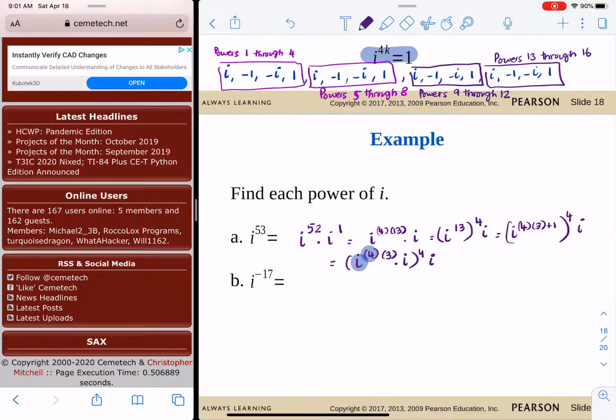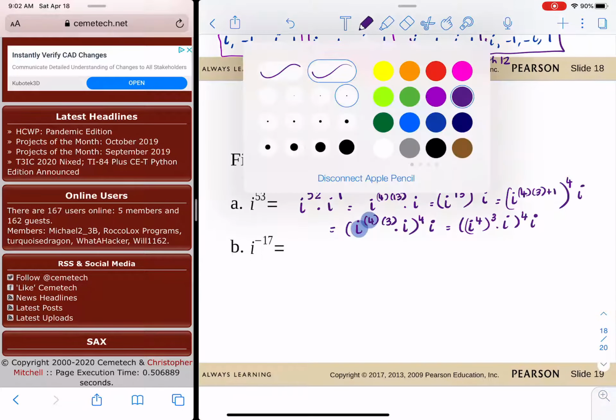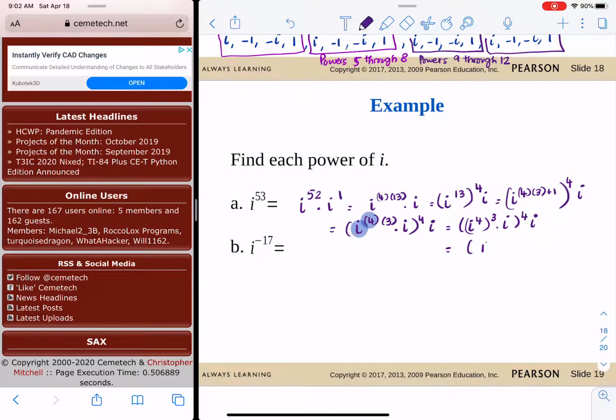So you have i raised 4 raised to the power of 3 times i. That would be 1 cubed times i raised 4 times i, which is simply i. i raised 4 is 1, 1 times i is i.